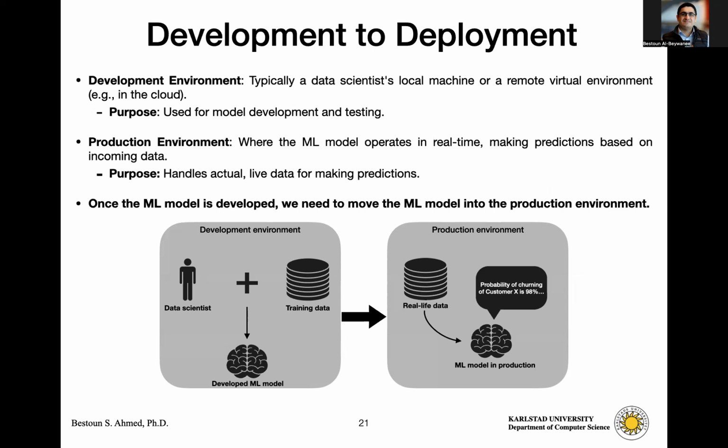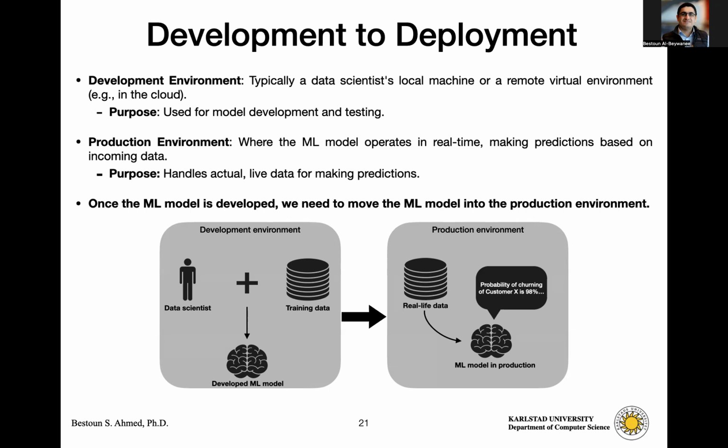The development environment is the environment that data scientists typically use, for example Python or in the cloud, whatever. You use it for the development of the model, for experiments, for testing, and so on.